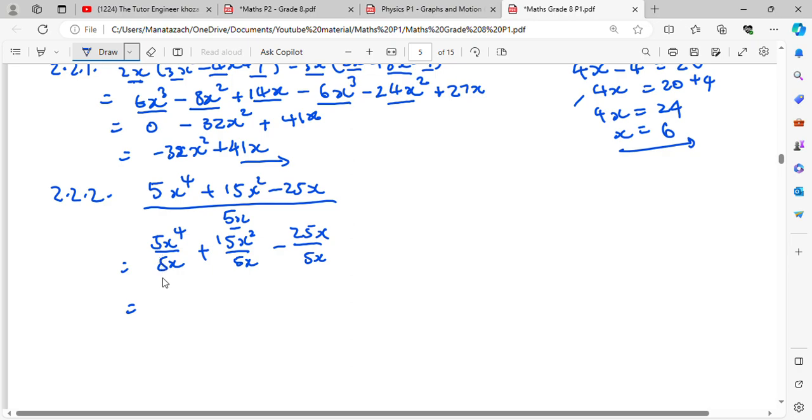So 5 divided by 5 is 1. Then x to the power 4 divided by x is x cubed, plus 15 divided by 5 is 3. x squared divided by x is x, minus 25 divided by 5 is 5. x divided by x is 1. So you can leave the answer as this.